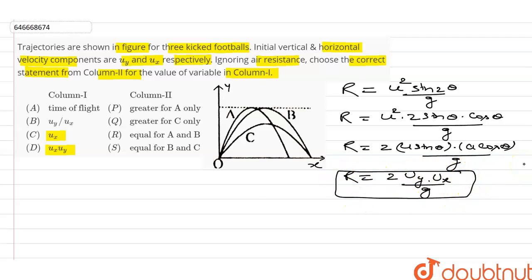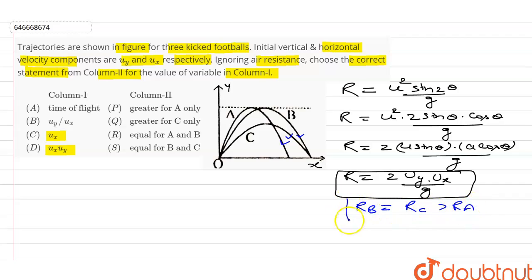In the diagram we are seeing that the range for particles C and B are the same, and the range for particle A is less. So we can write it as RB is equal to RC is greater than RA.